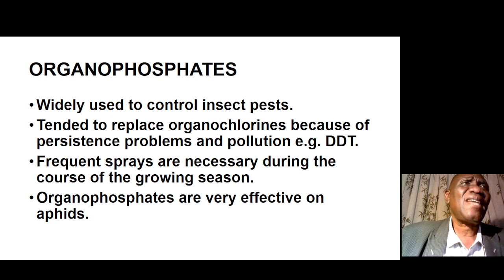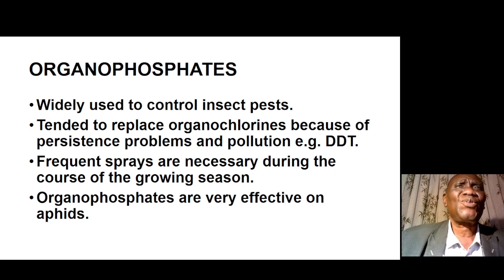These pesticides are widely used to control insect pests. They tended to replace organochlorines because of the persistence problems and the pollution of DDT. DDT is an organochlorine, and these tend to last in the environment for a long time.